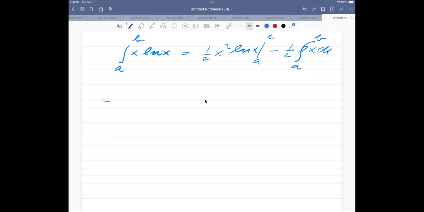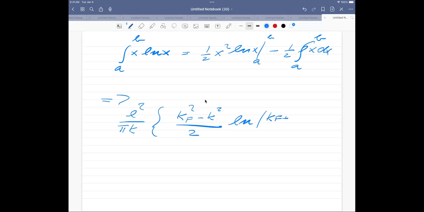We are going to get that this final term gives us e squared divided by pi k, and I'm going to get the Fermi level squared minus k squared divided by 2 times ln of kf plus k divided by kf minus k plus k times kf.